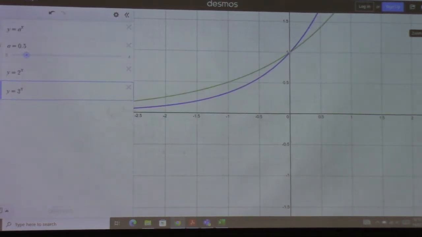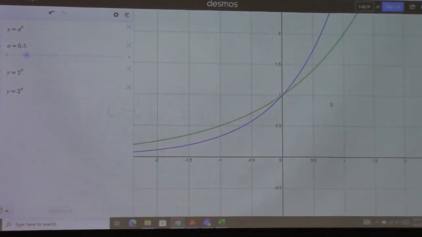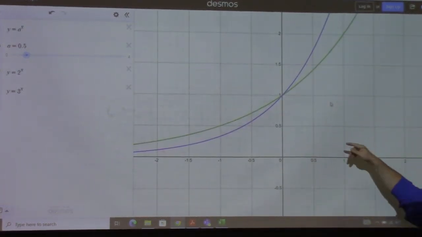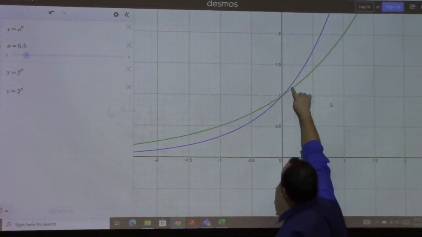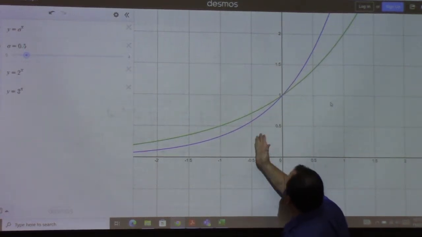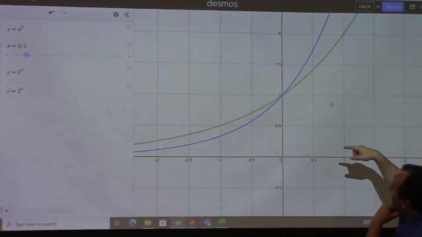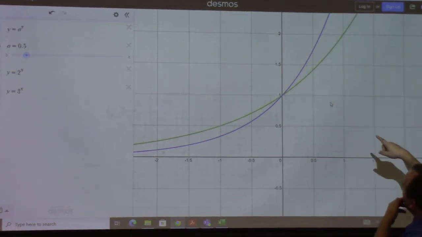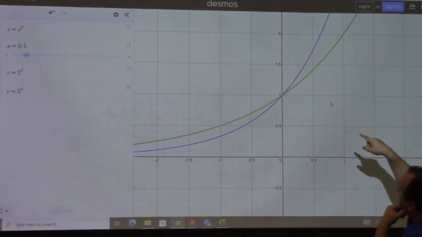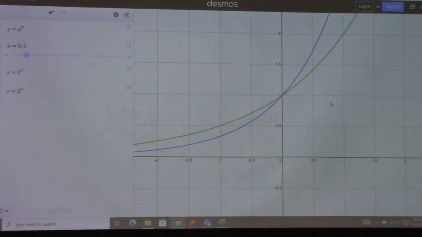If we zoom in a bit, you can imagine a line just touching the graph. And if you looked at that, you could look at a couple points for the 3 to the x. Let me zoom out a bit.